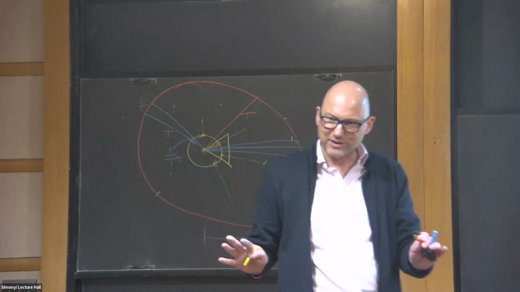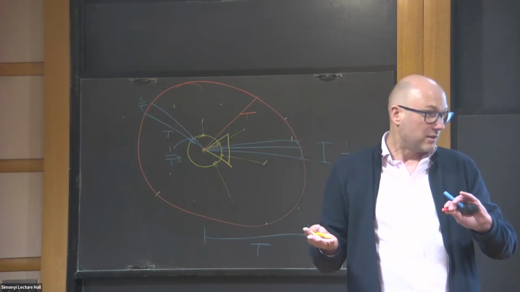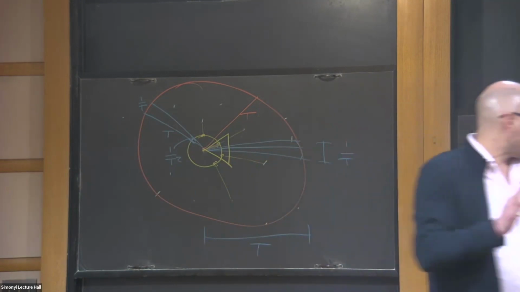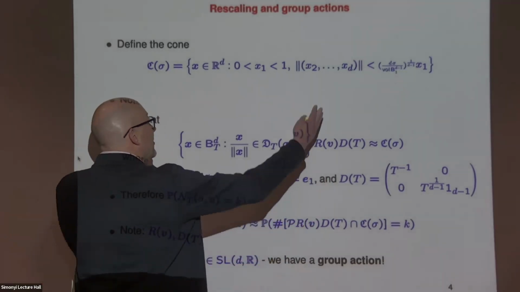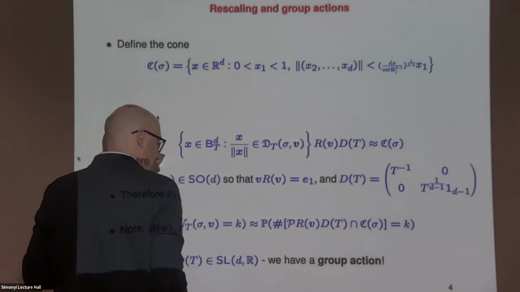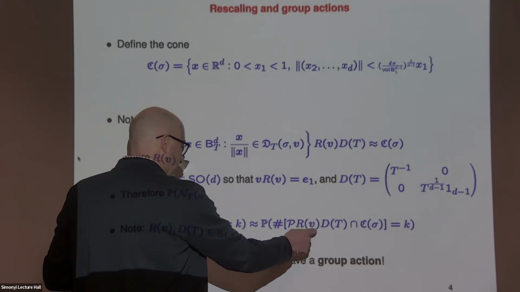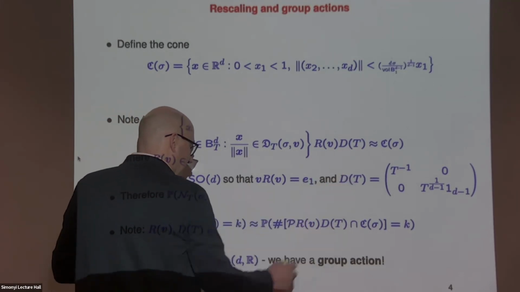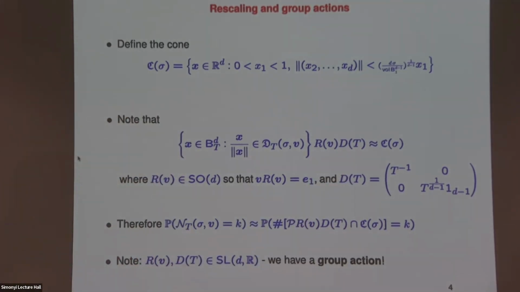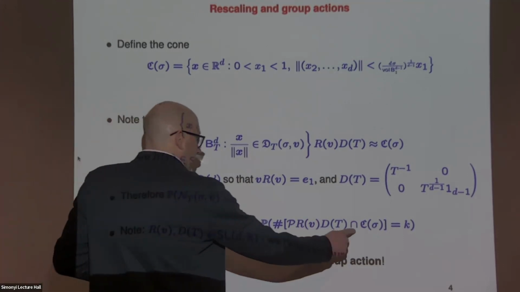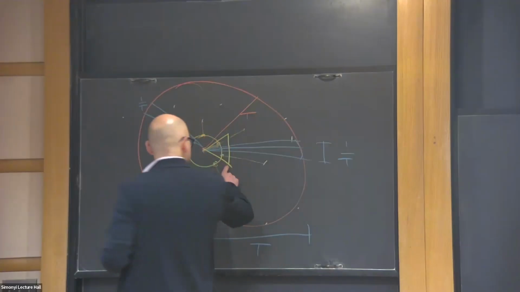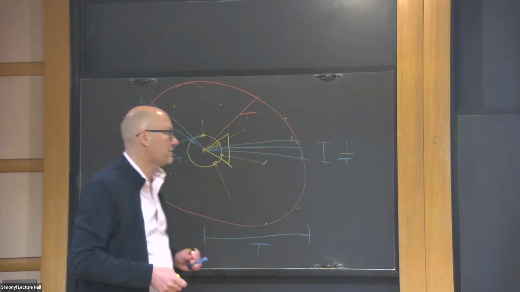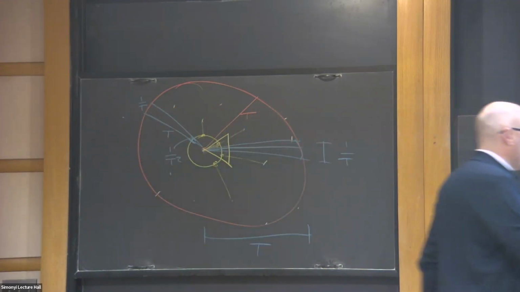Because otherwise I would get a different count, right? So I've now rotated my point set P by the same rotation that I needed to get my long and thin cylinder into the right position, apply the diagonal matrix, and now intersect with my fixed yellow triangle here, or in higher dimensions, fixed cone that I have up there.